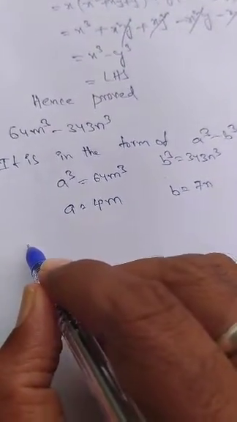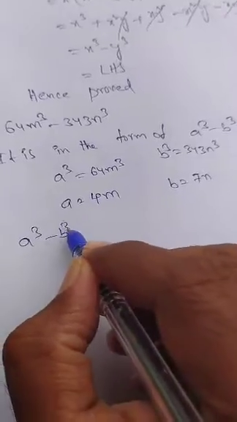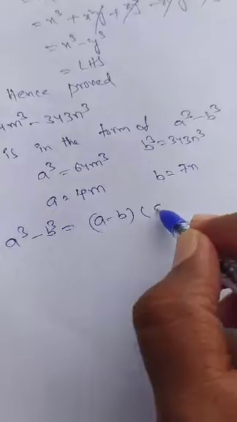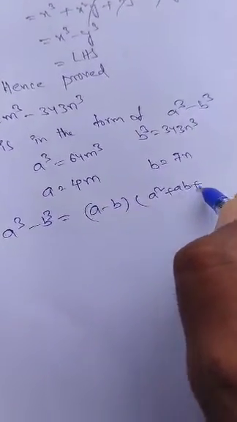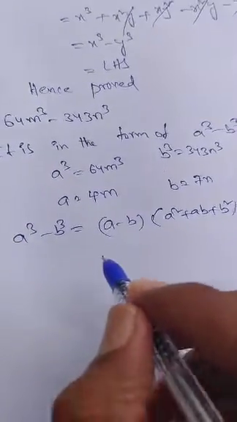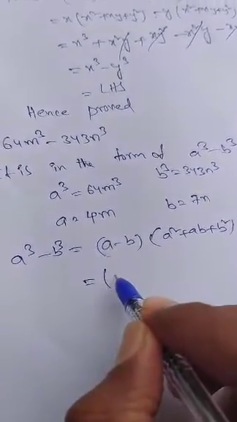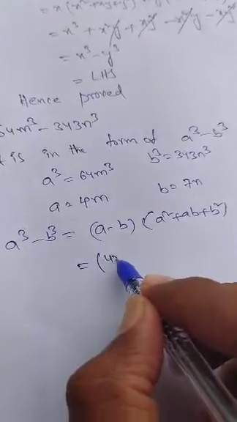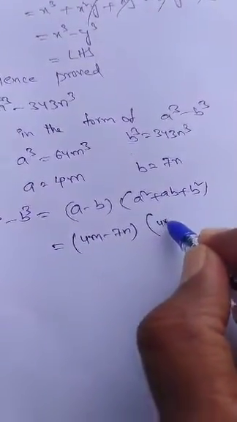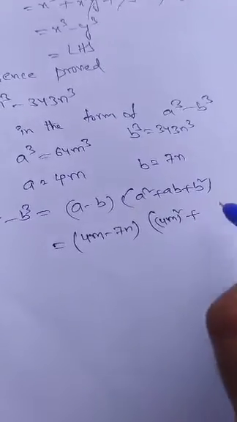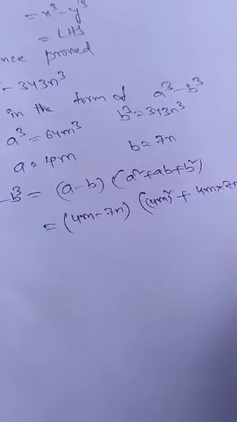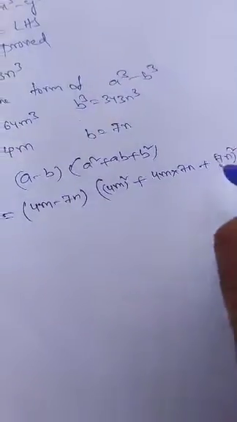So this can be written as a cube minus b cube. The formula we have is a minus b into a square plus ab plus b square. That can be written as, for a we have 4m, so 4m minus 7n, into a square, which means 4m whole square, plus a into b, that is 4m into 7n, plus 7n whole square.